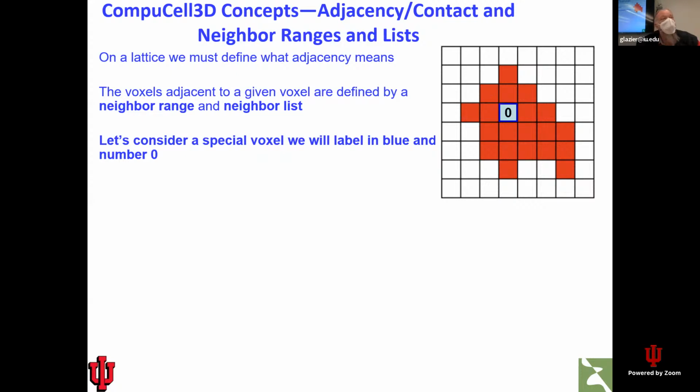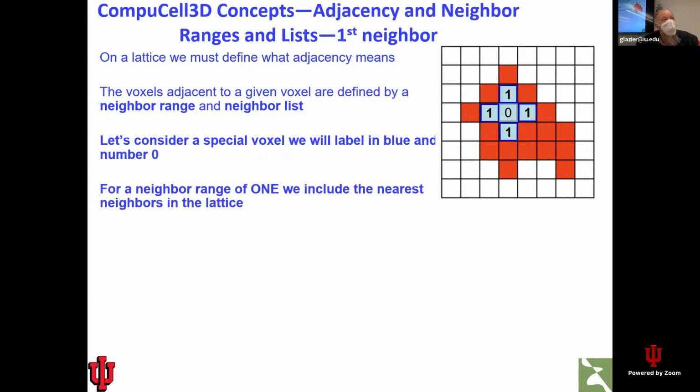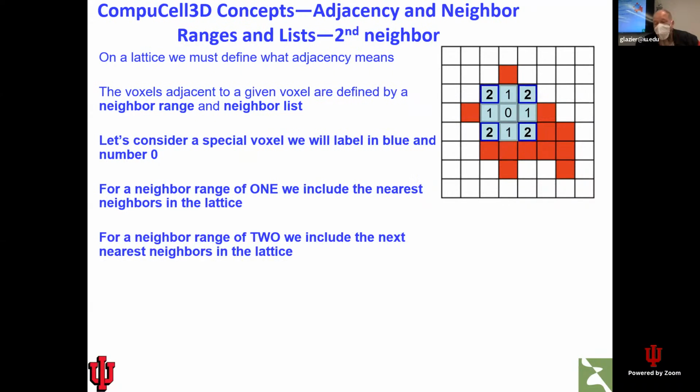So let's pick a voxel. We'll call it 0. And now let's find its nearest neighbors. There are 4. And those are pretty easy: up, down, left, right. That's our nearest neighbor adjacencies. If I go to second neighbors, I add the upper left, upper right, lower right, lower left, or northeast, southeast, northwest, southwest.